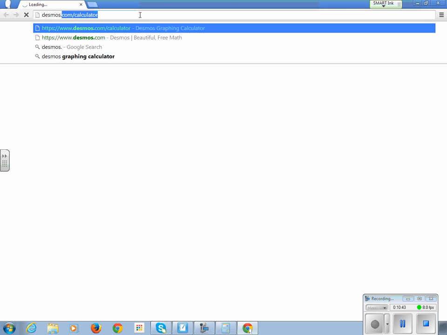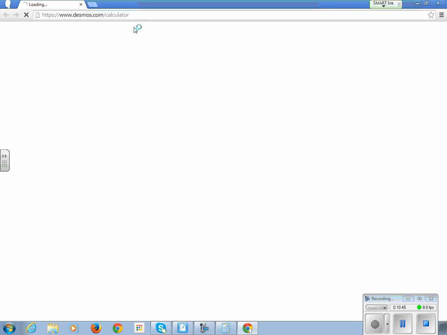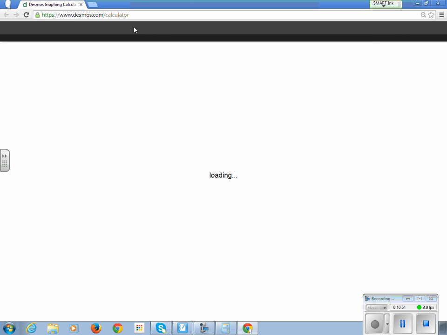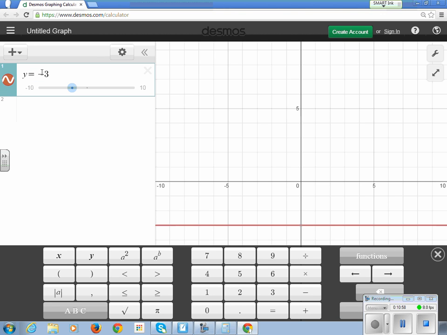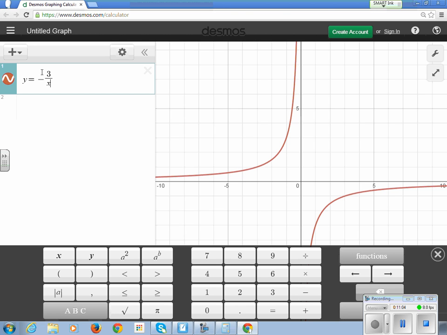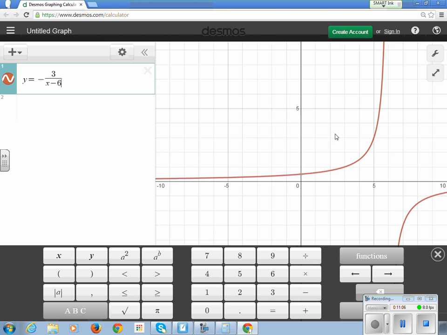I love Desmos.com/calculator. I like it more than my graphing calculator, which is saying a lot. So we got y equals -3 divided by x, was it -6? Yeah.